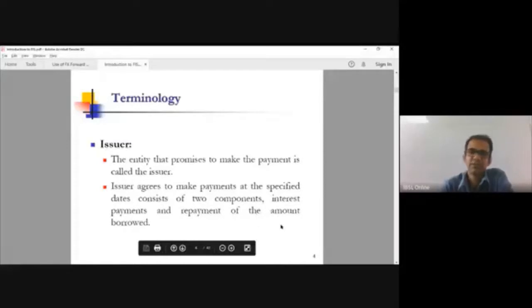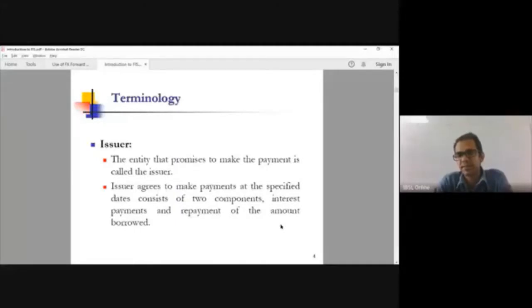So this may vary based on the product. In this concept, even a loan we can consider as a fixed income security, because once you issue, say, a mortgage, monthly there's a fixed installment which comprises part interest and part repayment of the borrowed amount.